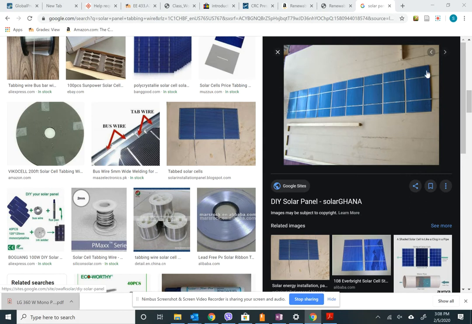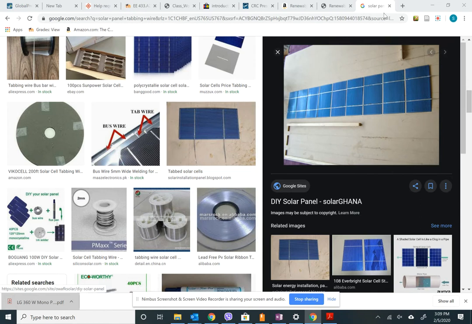Versus 2 of these, where you're going to experience more resistance, but you've gained a little bit of area on the top of your cell. And we know that current out is directly related to how much you're collecting from the sun. Okay, so this is the tabbing.